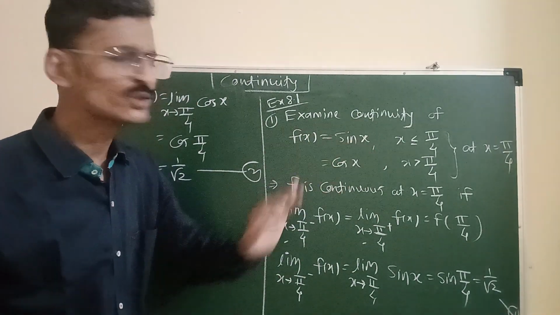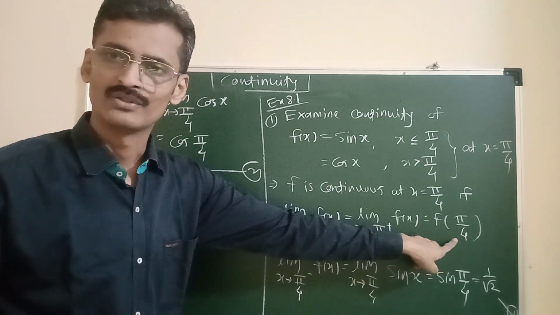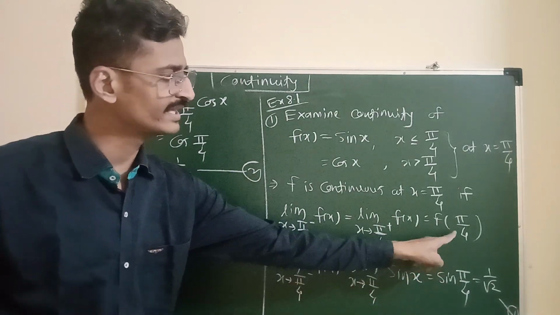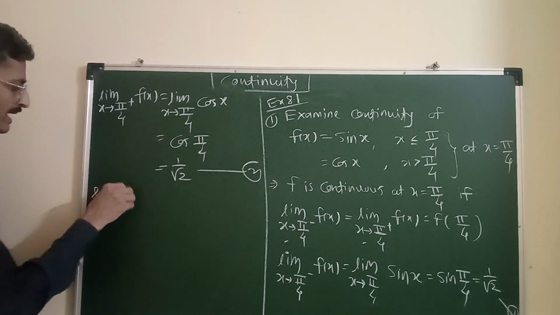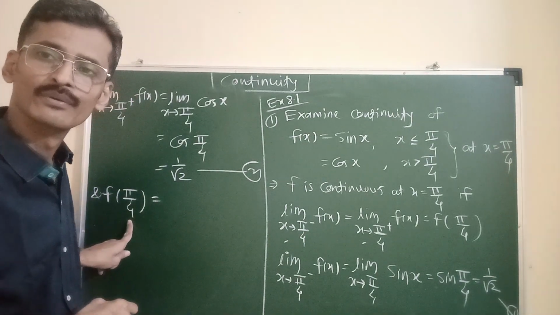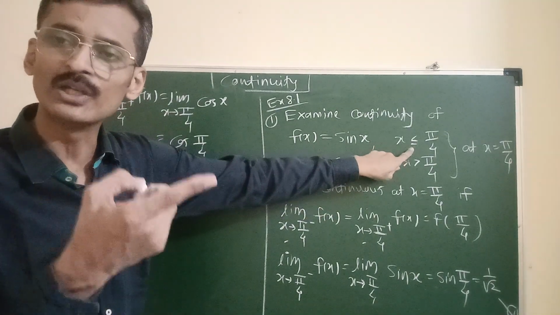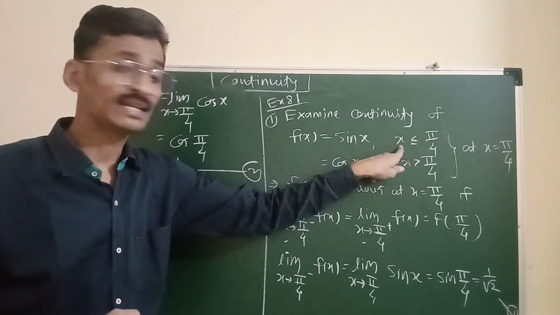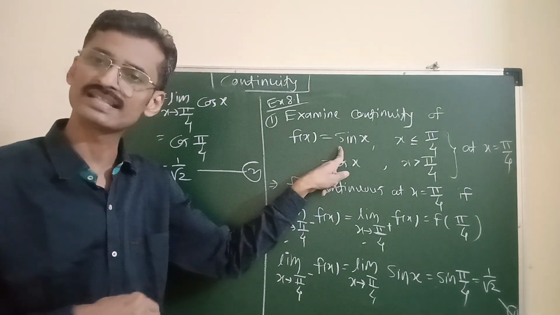Actually, the third part is not given separately. We want f of pi by 4. As the third part is not given, these two are enough actually. But by this condition, we want f of pi by 4. So now x is pi by 4. At x equal to pi by 4, as less than or equal to is given, x equal to pi by 4 is here. So directly at that point, x equal to pi by 4, the function is sin x.